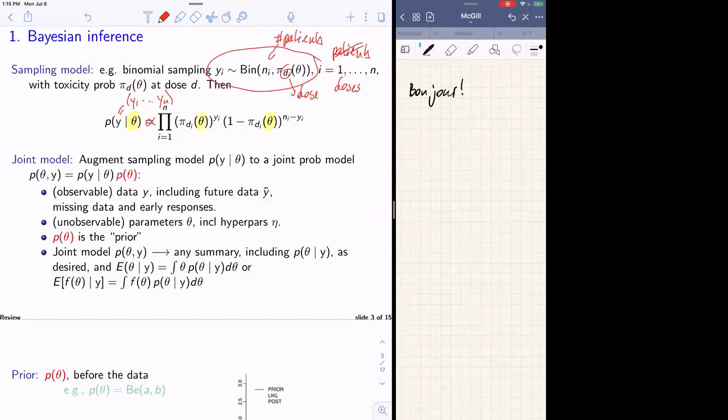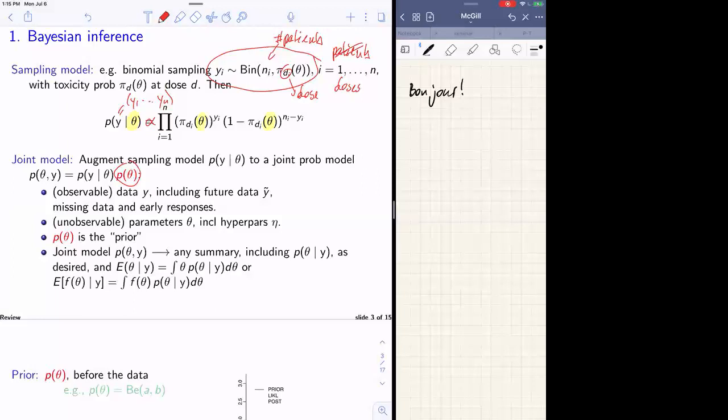So that's the sampling model, and that would be the same that you would use in classical inference and frequentist statistics. The one-line summary of what Bayesian statistics is about appears in the next line. In Bayesian statistics, we augment that sampling model to a joint model on the pair of y and theta, simply by multiplying with a marginal distribution on the unknown parameter.